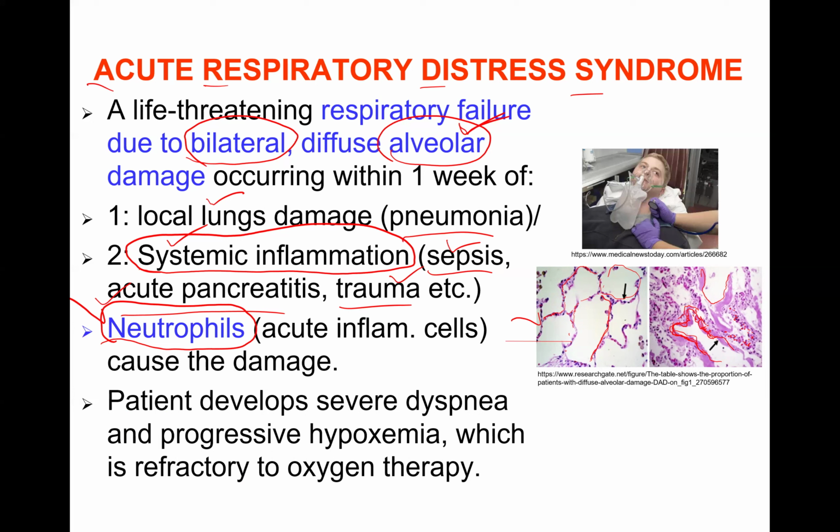So this contains cellular debris of these epithelial cells and the leaked protein, because capillaries and alveoli both have been damaged. These capillaries have leaked protein-rich fluid. So protein-rich fluid and cellular debris, right?